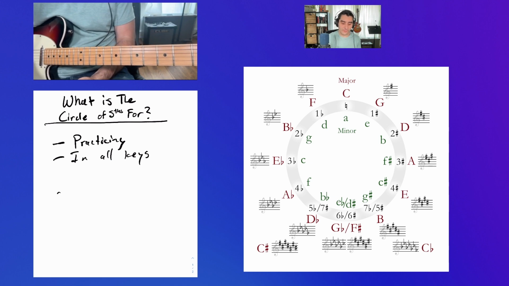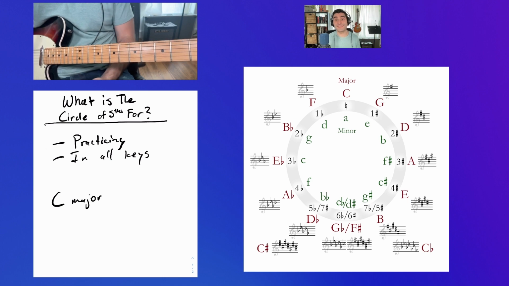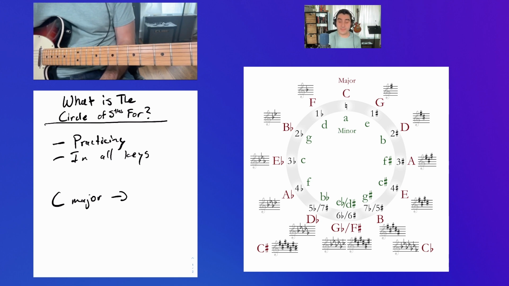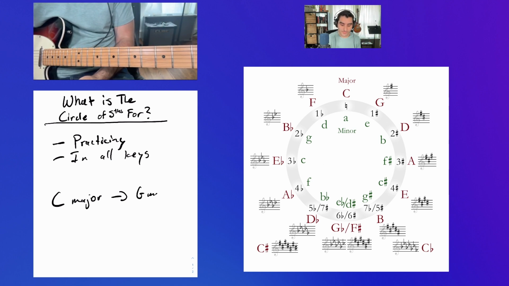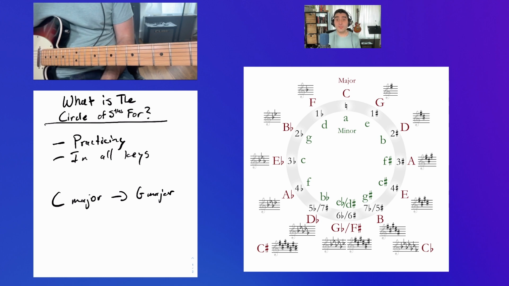So for example, the key of C major, which is the one that's always at the top in the middle, the 12 o'clock position in the circle of fifths. If we go to the key of G major, which is this 1 o'clock position, that only literally has one note different between them.